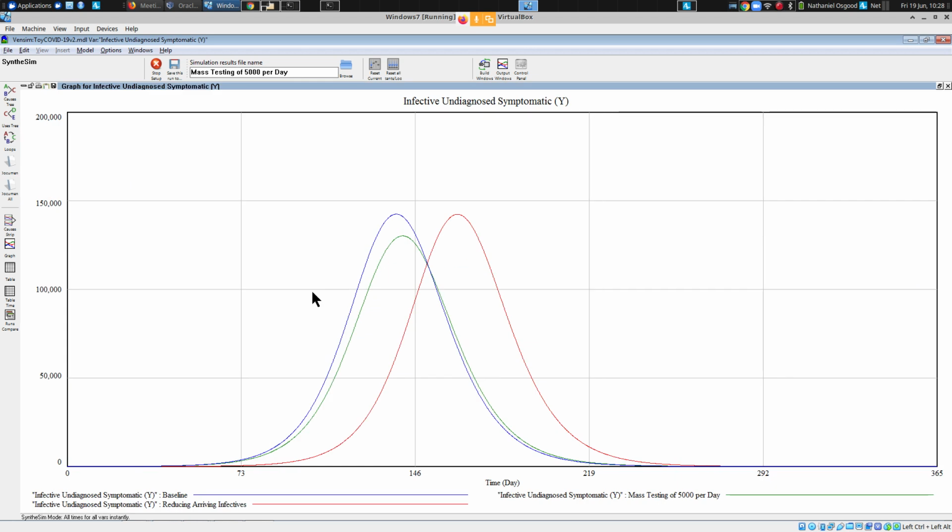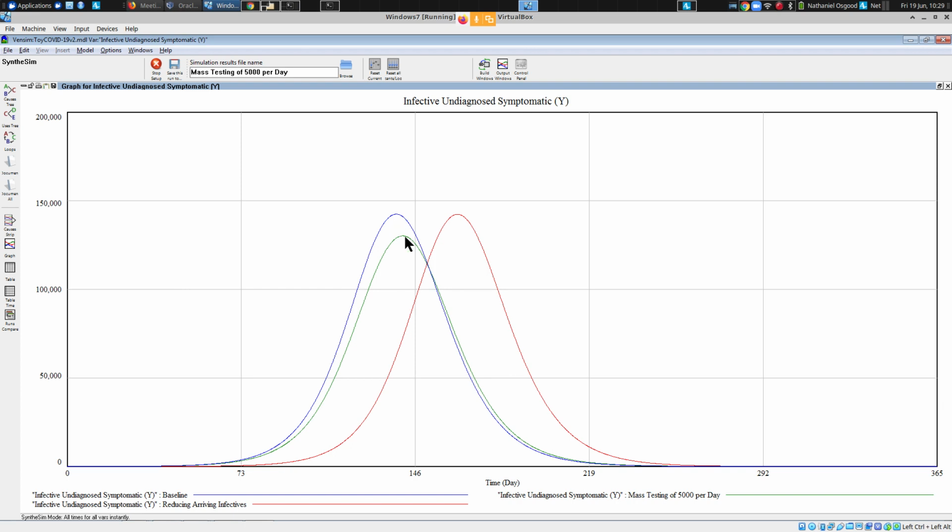So tell me, is this also a scenario which just delayed the peak, or did it do something more? If we compare the green with the baseline, the blue, how did the green modify things when it came to the number of symptomatics here? Well, it delayed it slightly. The peak is a little bit later, but the peak is also a bit lower.